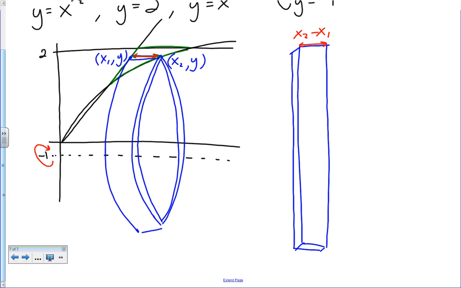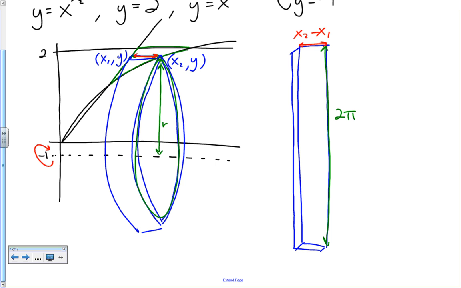And then this, which was the circumference of this circle, now becomes the length of this slice when we slice it and unroll it. So that is equal to 2 pi times my radius, which is this distance right here. It's a difference in those y values, so it's the y value on the top minus a -1 at the bottom.